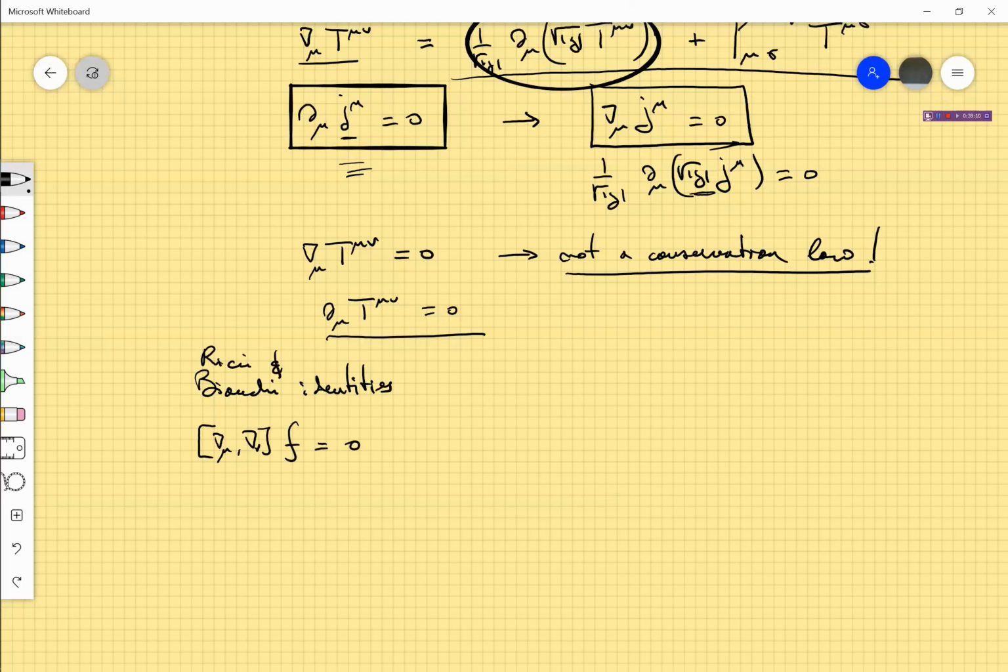So let's say Ricci and Bianchi identities. Okay, this is the Ricci identity now because there is no torsion. This means that the covariant derivatives acting on scalars commute. So this is the same as this, only on scalars. Now you go for the next Ricci identity, and this is just r mu nu alpha sigma psi sigma and nothing else. So now the covariant derivatives acting on vector fields do not commute.